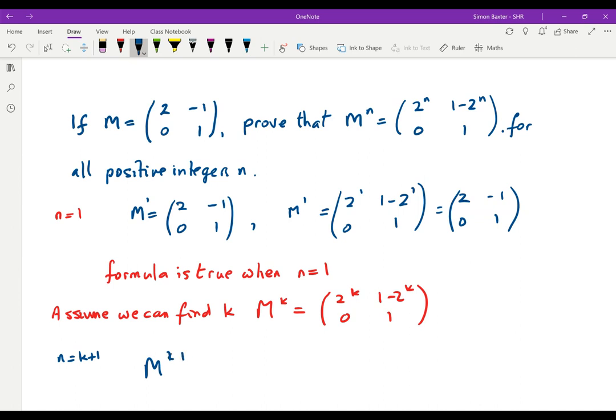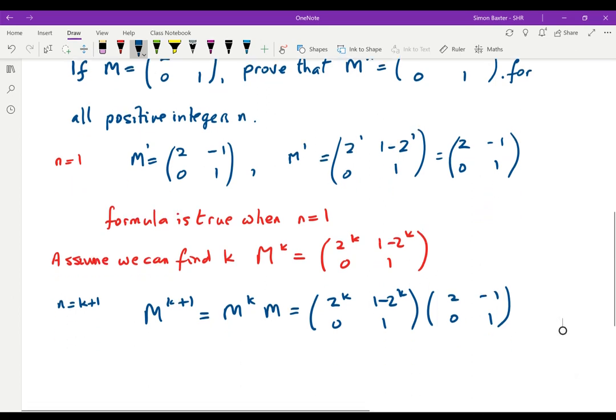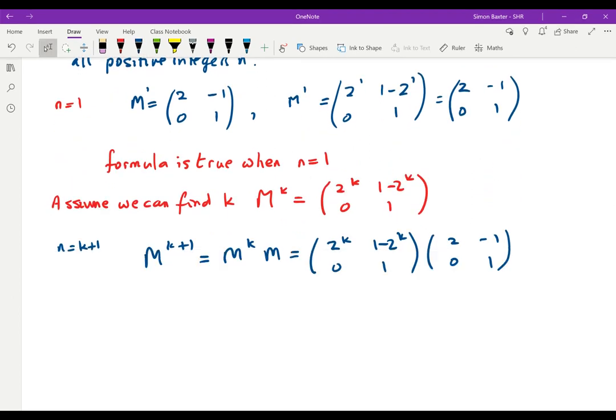M to the k plus 1 is M to the k times M. Well, our induction assumption tells us that we're assuming that M to the k is 2 to the k, 1 minus 2 to the k, 0, 1. M is 2 minus 1, 0, 1. And we now just have to make that look as it should be.